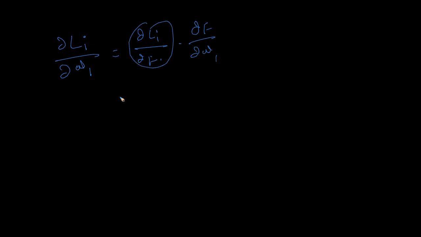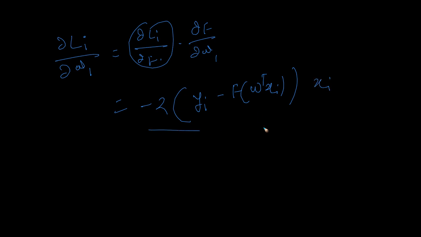So this term is equal to -2 times (yi minus f of W transpose xi) into xi. So this is the derivative of this, right? Similarly, we can compute the derivatives of all the weights, and thus we can update the weights.